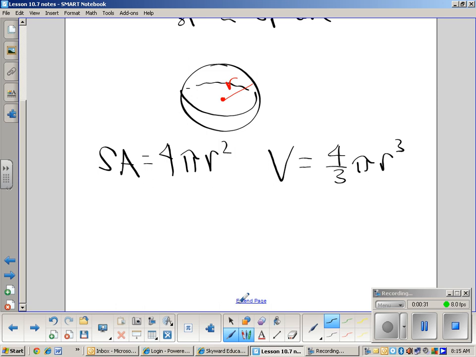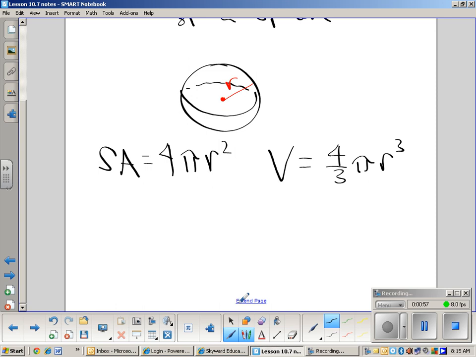So what this is saying is, to get the surface area of a sphere, you would take the area of the circle that the sphere would just sit inside of, and multiply it by 4.